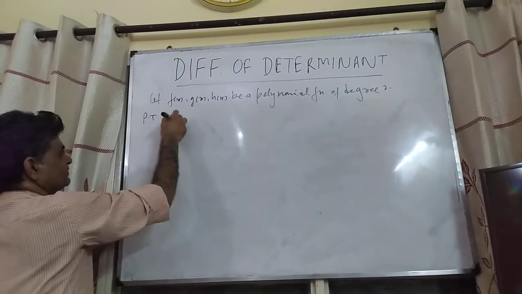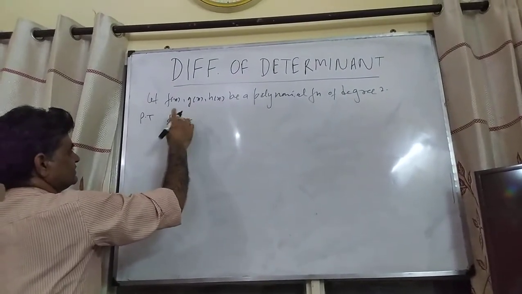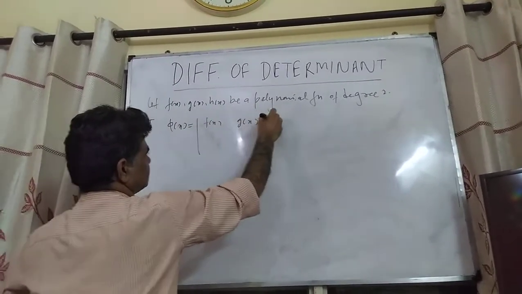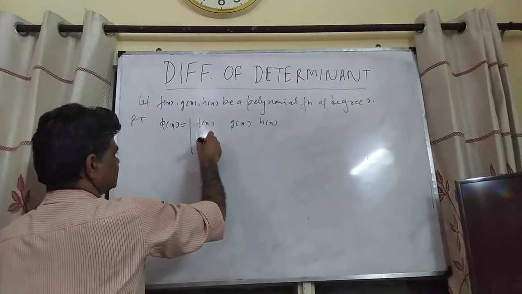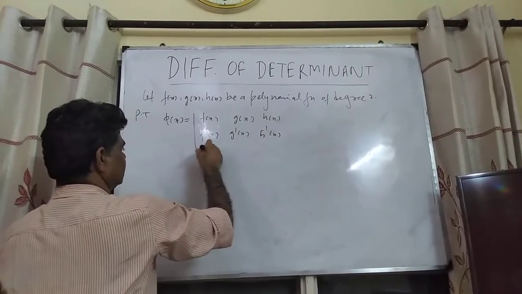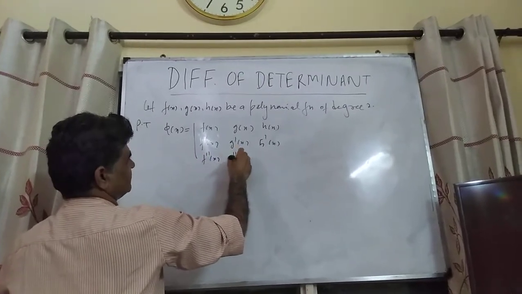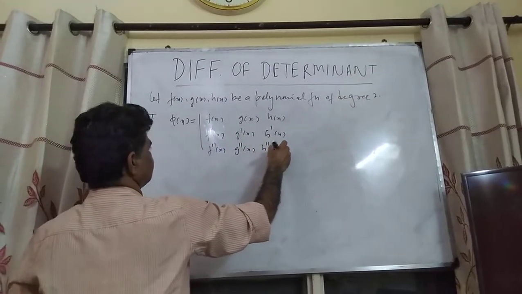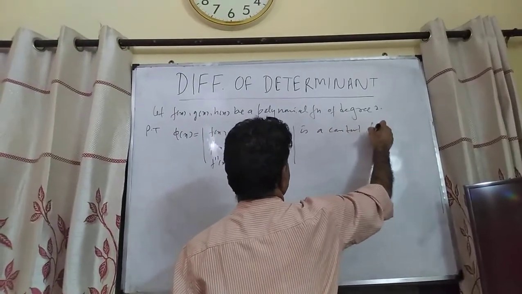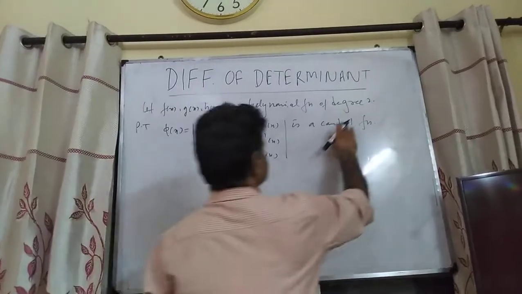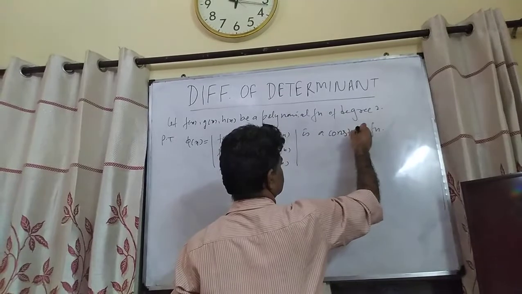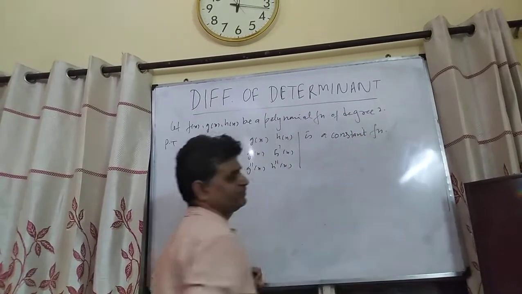Then prove that φ(x), which is equal to the determinant with rows f(x), g(x), h(x); f′(x), g′(x), h′(x); and f″(x), g″(x), h″(x), is a constant function.